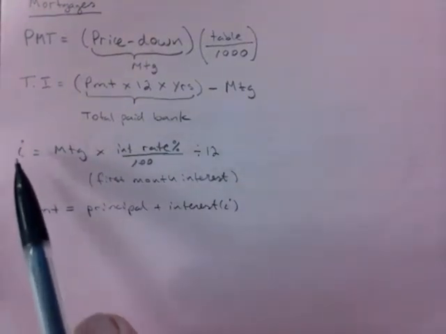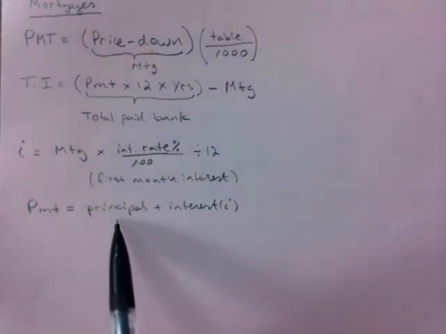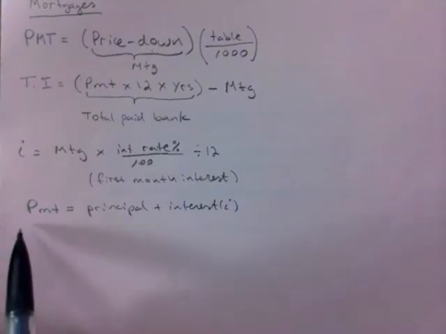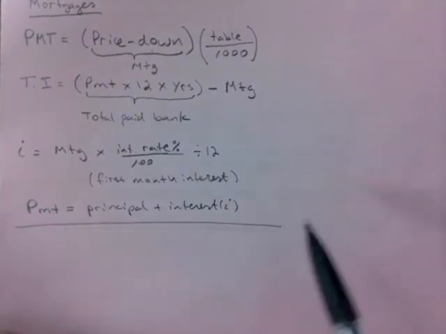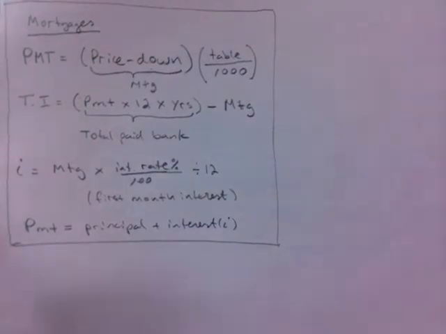Technically, if you figure out the interest, you can subtract it from the payment to get the principal portion of that payment. If you deal with anything related to mortgages, a table needs to be provided to figure out the payment. But if they give you the payment, then it's a different story. You don't need to do this, because you already know what the payment is.